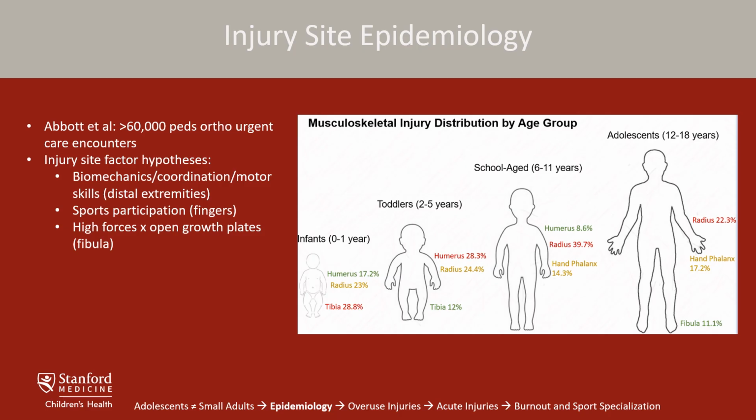However, the example of fibula fractures only entering the adolescent's top 3 sites doesn't likely reflect an issue with coordination, but more likely reflects the common distal fibula avulsion fracture, which happens when a big kid who still has open growth plates rolls his or her ankle. I'll talk about this a little bit more later, but this is a really cool illustration of the important intersection of big forces but still weak growth plates in adolescence.